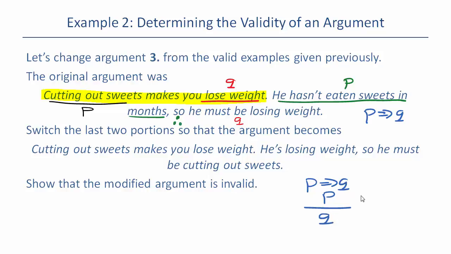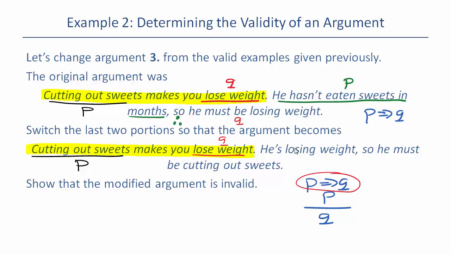Now, what we have here is the original argument. If we apply it to the new argument, we'll see how it changes things. We still have this same first thing, right? Which means everything is still the same here. We still have cutting out sweets as P. We still have losing weight as Q. And we still have P implies Q. But now the second statement says he's losing weight, so he must be cutting out sweets.